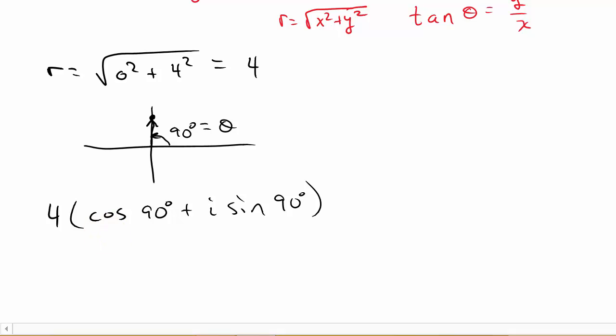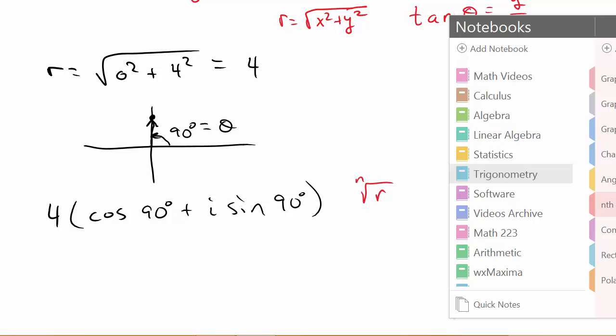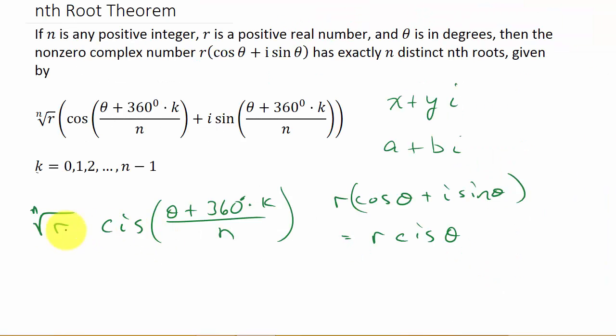Okay, so let's go ahead and write down the formula. It's the nth root of r, and I'm going to write it in the abbreviated form. Instead of writing all that out, they're the same thing.